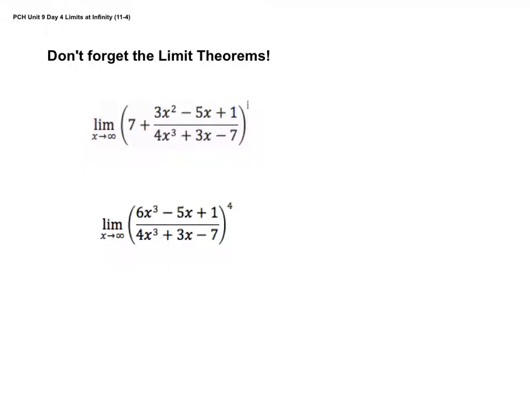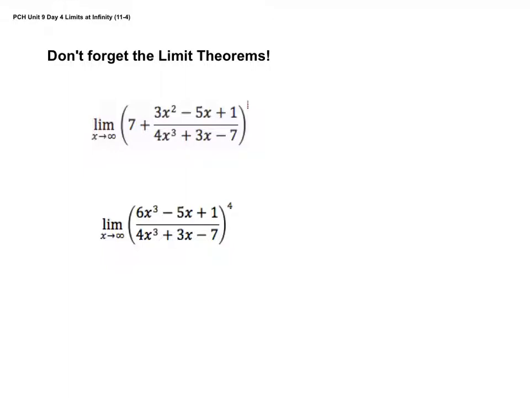Now, don't forget the limit theorems that we had, okay? This is why we started with this before. So here we have the limit as x approaches infinity of 7 plus 3x squared minus 5x plus 1 over 4x cubed plus 3x minus 7.